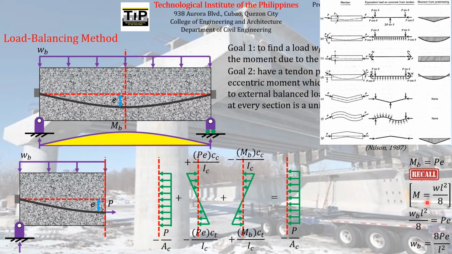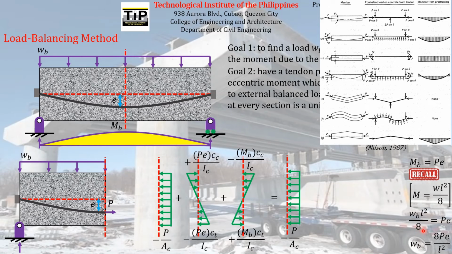So just derive the formula for finding, say for example, the bending moment at midspan for a concentrated load, and just equate that to the eccentric moment acting at that same location, which is the midspan, and then just express the equation in terms of the WB or the balance load P that you have to apply here on the midspan of the concrete element.